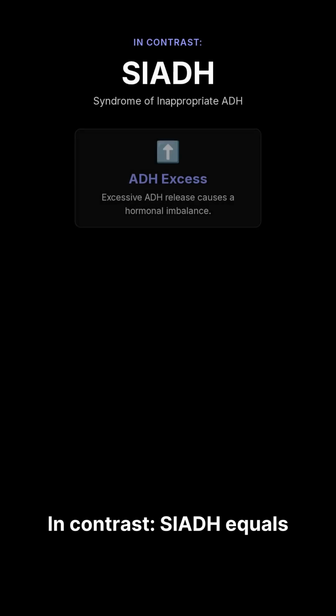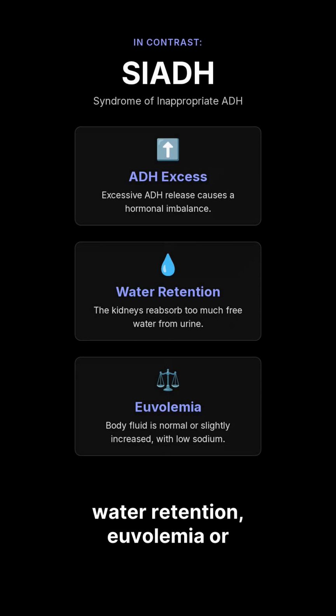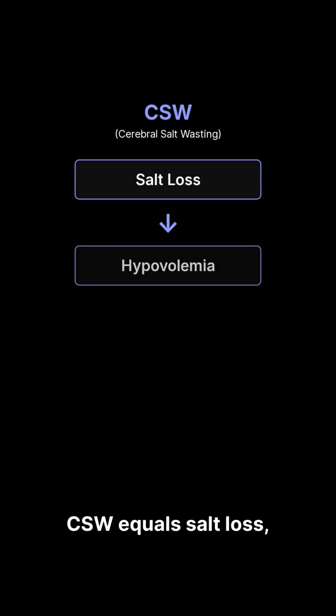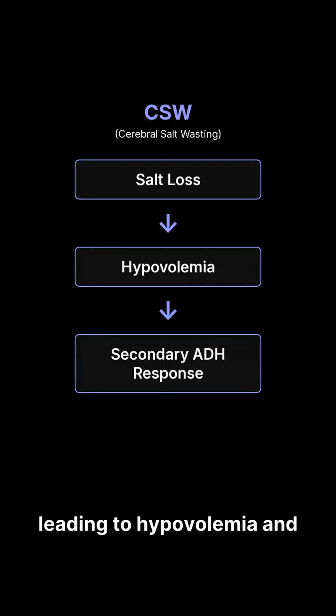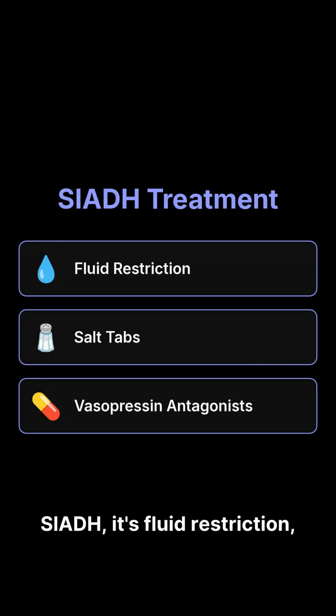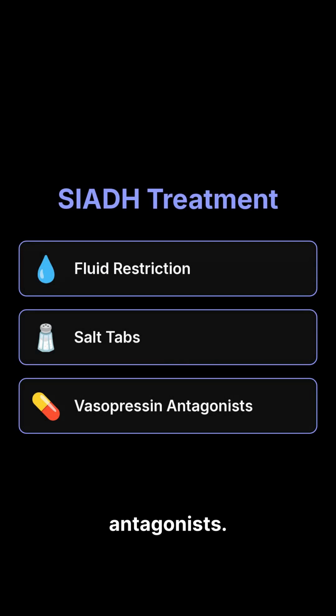In contrast, SIADH equals ADH excess, leading to water retention, euvolemia, or mild hypervolemia. CSW equals salt loss, leading to hypovolemia and a secondary ADH response. Treatment differs dramatically. For SIADH, it's fluid restriction, salt tabs, sometimes vasopressin antagonists.